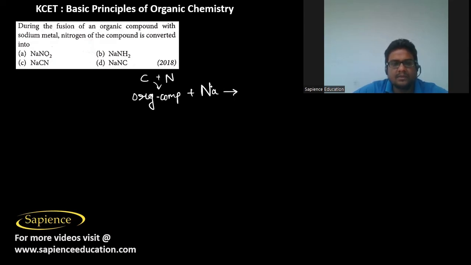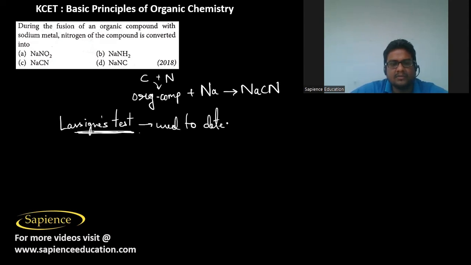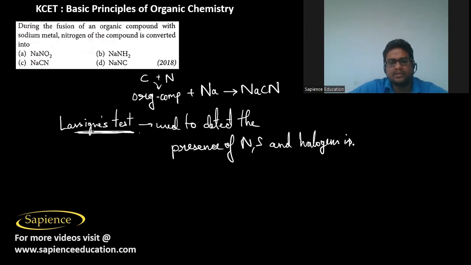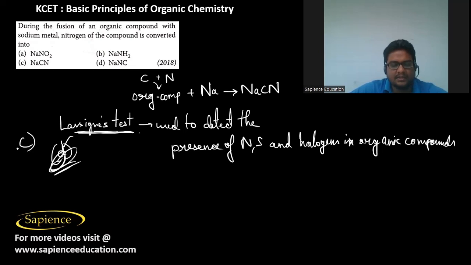So this nitrogen is converted into NaCN, which is also called the Lassaigne's test. Lassaigne's test is used for the detection of nitrogen, sulfur, or halogens in organic compounds. So option C is the correct answer.